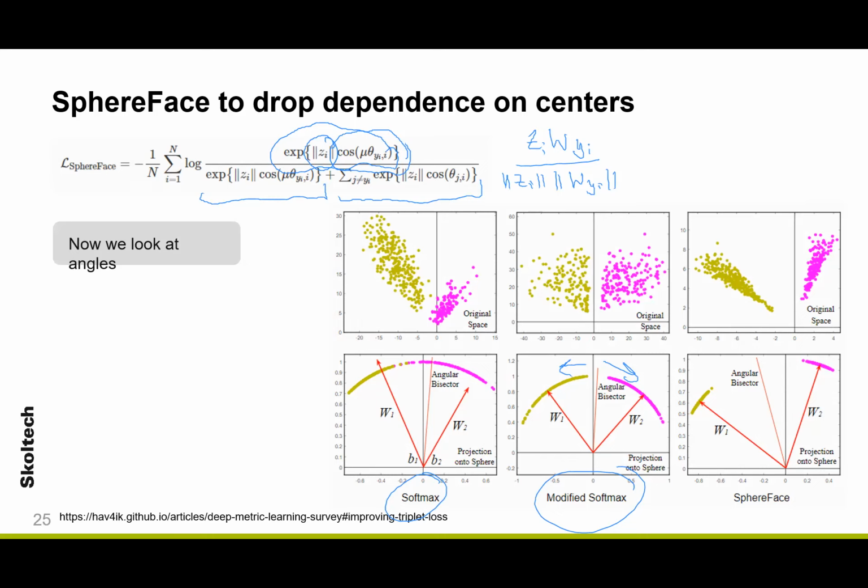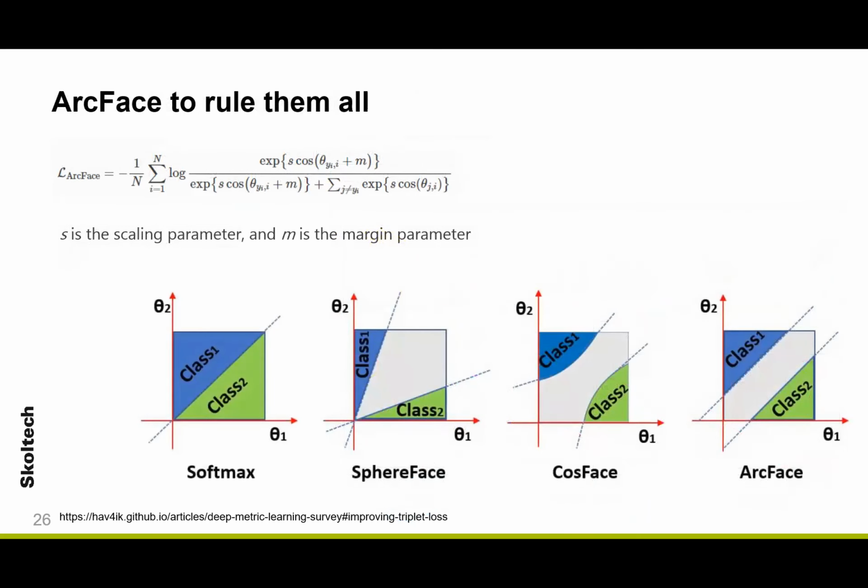So we now look at angles, and in this case we have a better separation between classes than we had before, with this intersection here, which we don't want. This algorithm is called SphereFace. It works pretty well, but we have an even better approach, called ArcFace. We skipped CosFace, but I think that's fine. It's not much different from ArcFace.